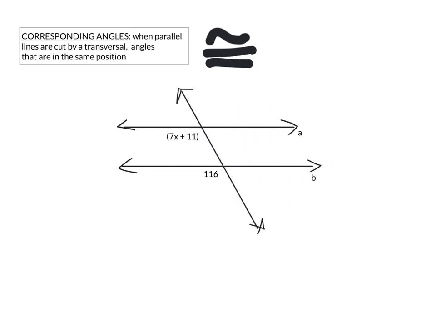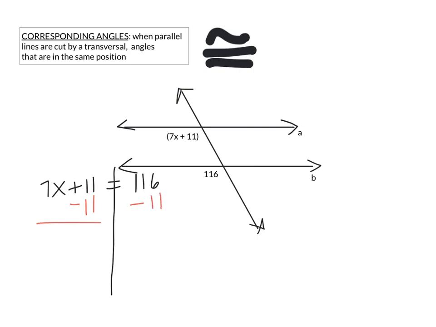Now, this is going to help us because our task is to find the value of x. Because these are corresponding, they're in the same position, we know that they are congruent. So I can write an equation and solve it. My equation would look like this: 7x plus 11 equals 116, because they're corresponding, so they're congruent. Now I can solve the equation and find x.